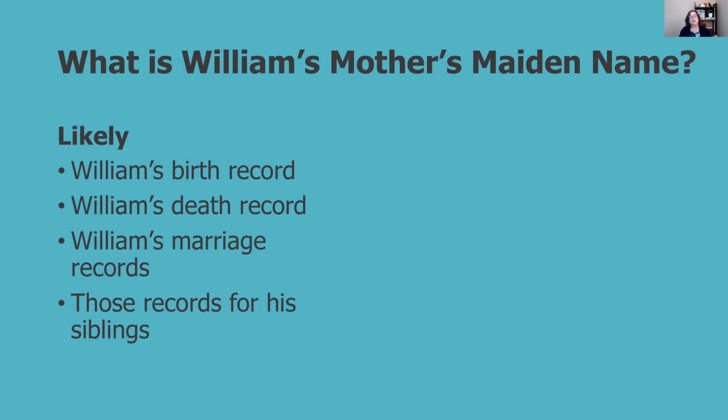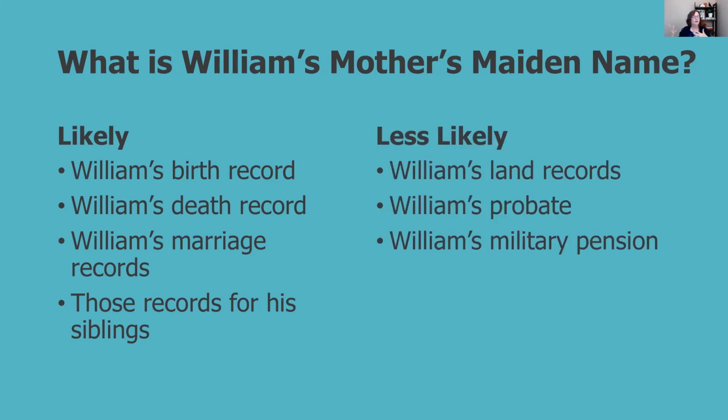Now, of course, these are not the only records that William is ever going to create in his life, but they're not all as likely to answer that question that we have. So, things that are less likely to answer this question, things like William's land records, his probate, his military pension. It's not to say that those records aren't valuable, and it's not to say that they aren't things that we shouldn't spend time looking for.